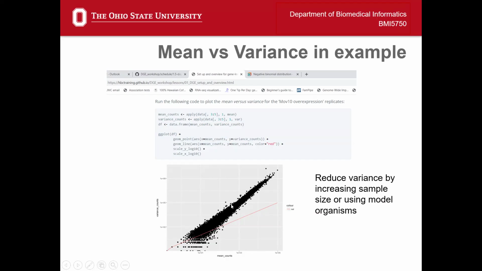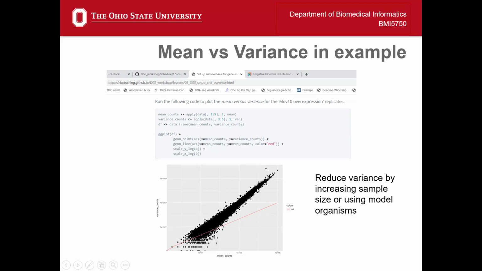So each dot here is a gene, and it's showing the relationship between the average of that gene and the variance. So how much variability does that gene have? And if everything was equal, you would expect it to follow this red line. So this is the average equals variance line.